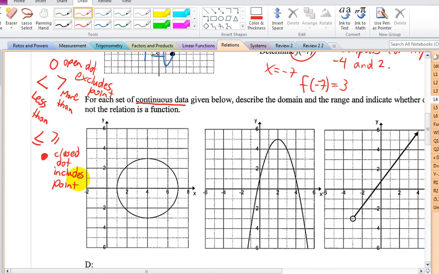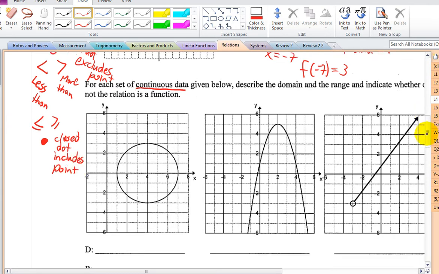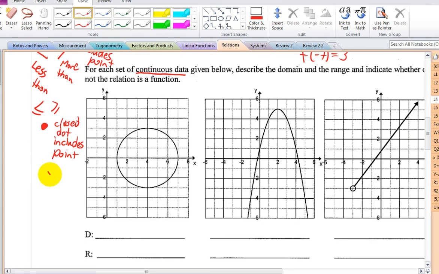Now what we can do is combine these together. So if you have x and those two symbols, then you can have a low value and a high value. And this is a way of saying that x is in between.